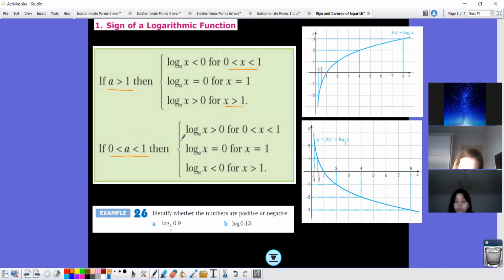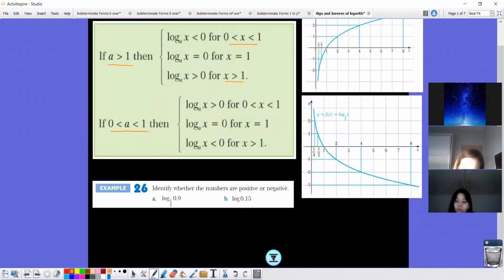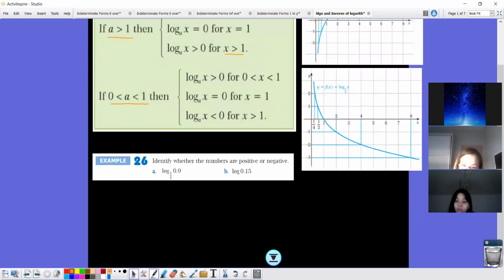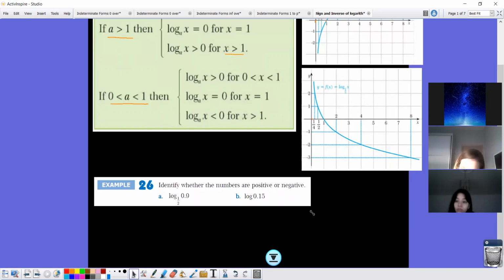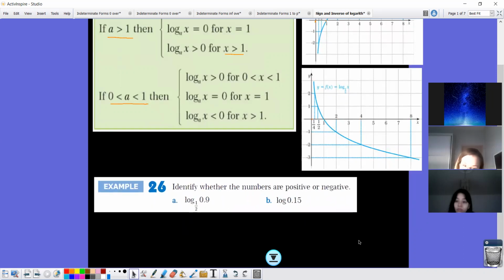Now, if you have written this one, if you have finished, let's solve a question. Here you have a question which says identify whether the numbers are positive or negative. Now, firstly, this one, logarithm of 0.9 to the base 1/2.